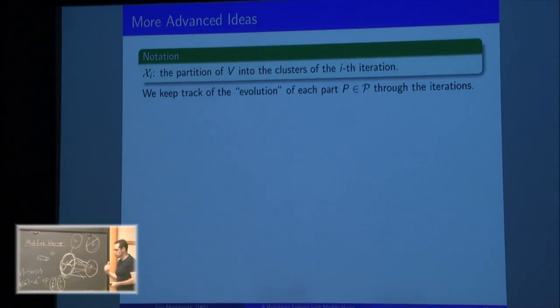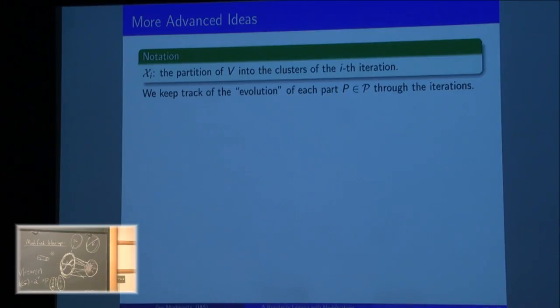But once you move to the next iteration, this is further partitioned into many small parts, exponentially many. If I zoom in, it might be the case that P sits completely within one of those clusters, but it also might be the case that P has a few vertices in another small cluster.